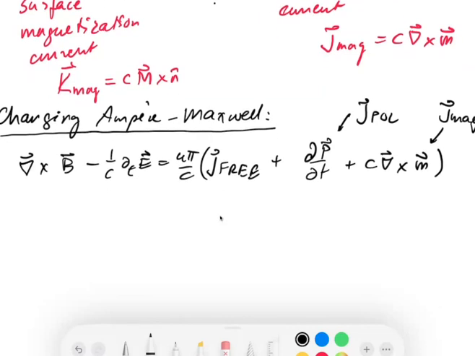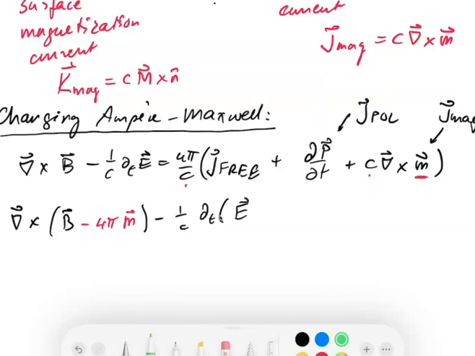And now we can rewrite this as follows. We can write this B. Now the curl of this M is going to go here, so that becomes 4 pi M. And then that c, now you see why the c is there, because this c and this c, they cancel. And then we have something that neatly folds into that curl. And then we have a 1 over c, and then we have a del t. And now we still have the electric field here.